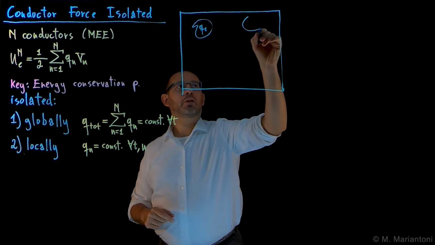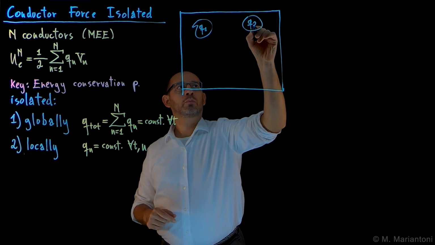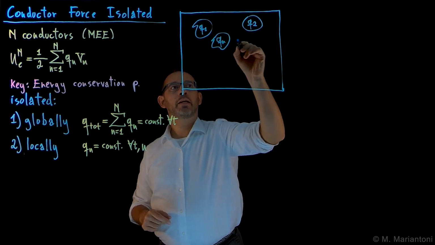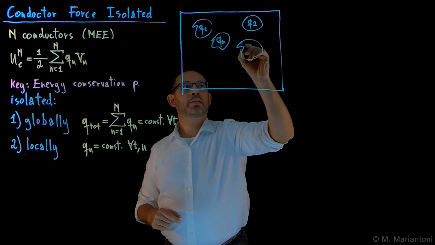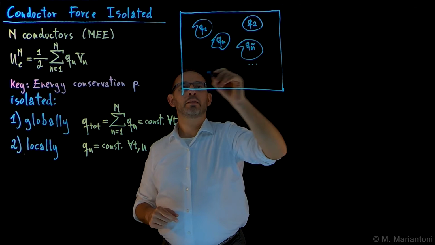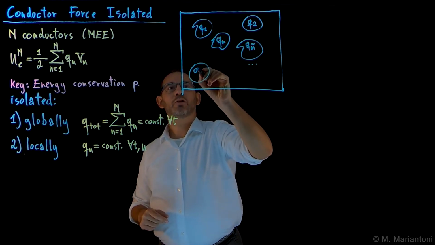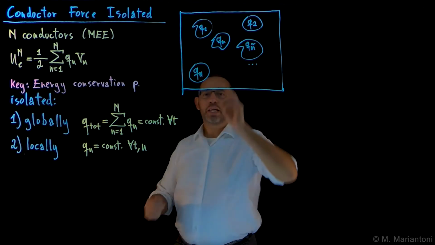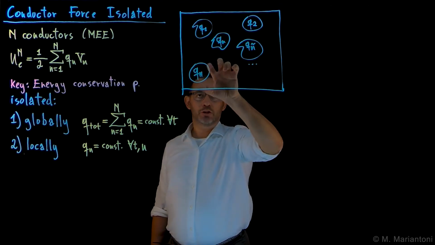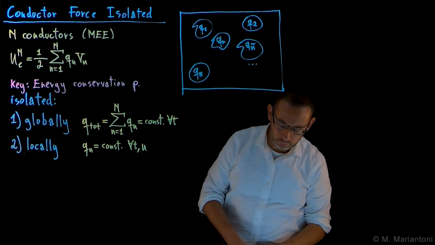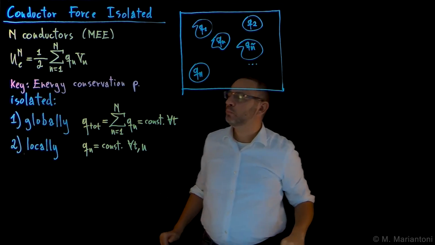Then there is another conductor with charge Q2, a generic conductor with charge Qn, another conductor, let's call it with charge Qn tilde, and finally the last conductor with charge Q capital N. Each of these charges is constant, they don't touch each other, so local condition; globally, there is no interaction with the external world. This is our isolated system.